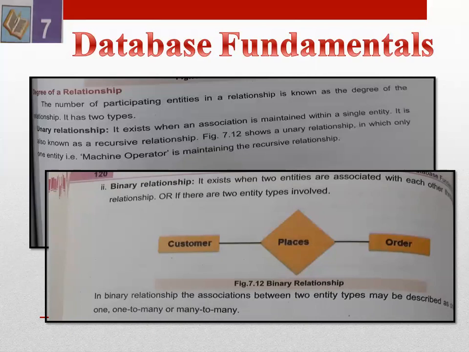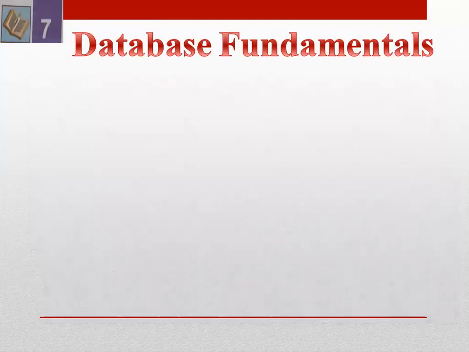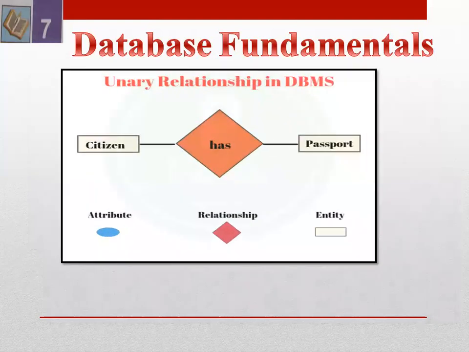These are different entities, and they have a relationship between them. In a binary relationship, the association between two entity types may be described as one to one, one to many, or many to many. These are the types of binary relationship.